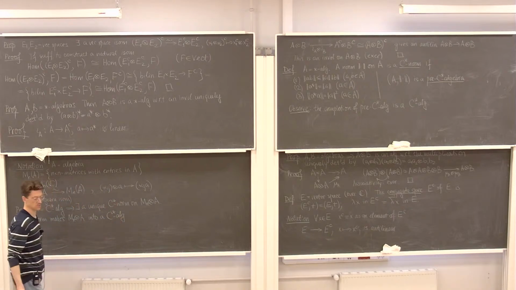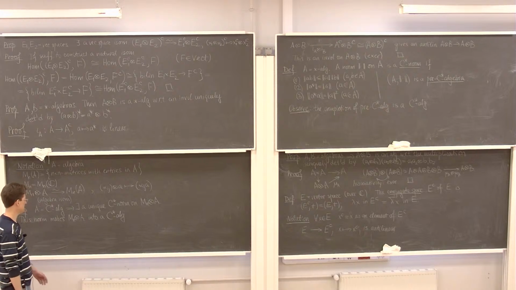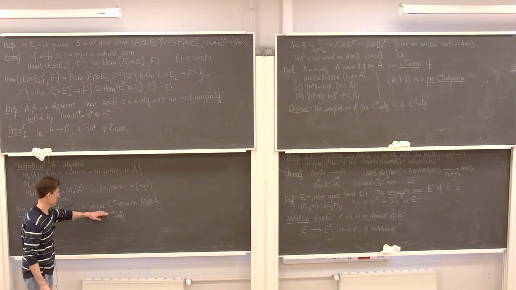So there is no reason to take the completion. It is already complete. It is a C-star algebra. And it's also important that this C-star norm is unique.